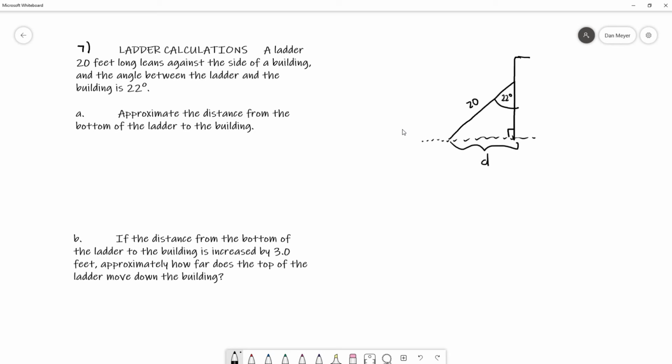All right, so let's see. We can say that sine of 22 degrees is the side opposite of that angle, which is d, divided by the hypotenuse, which is 20. And so the distance is 20 sine of 22 degrees.